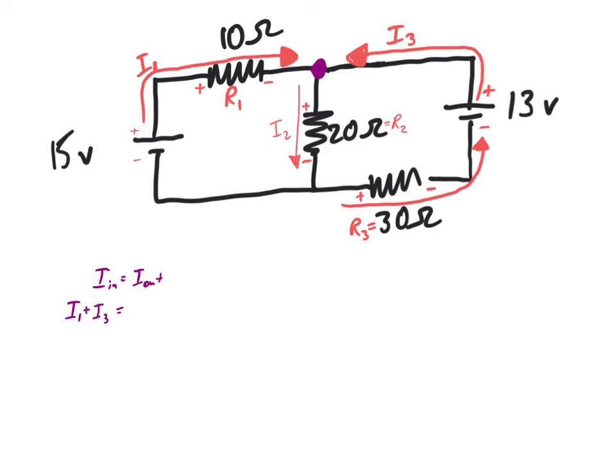And current I2 pointing out of it, which can be rewritten as 0 is equal to 1 I1 minus 1 I2 plus 1 I3. Just a rewriting of that same equation.